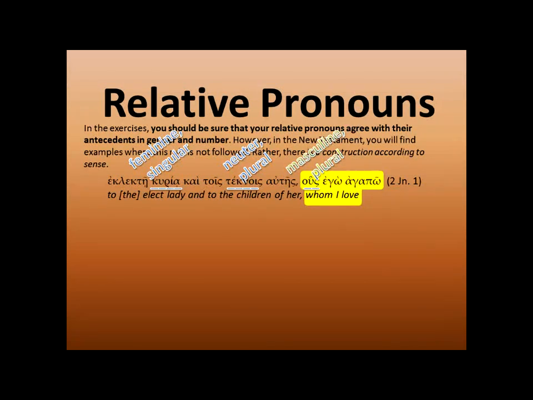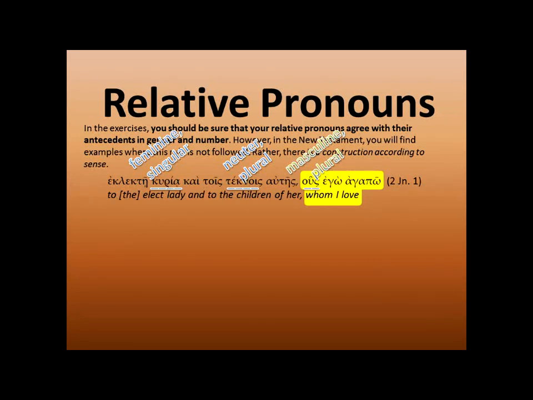The only other possible antecedent would be kuria, the lady. But kuria is feminine and singular. So what do we have here? Well, we have a relative pronoun that is not agreeing with its antecedent in gender. But if this relative pronoun is simply referring to the people, rather than paying attention to the fact that the word for the children is neuter, then the relative pronoun could be masculine.